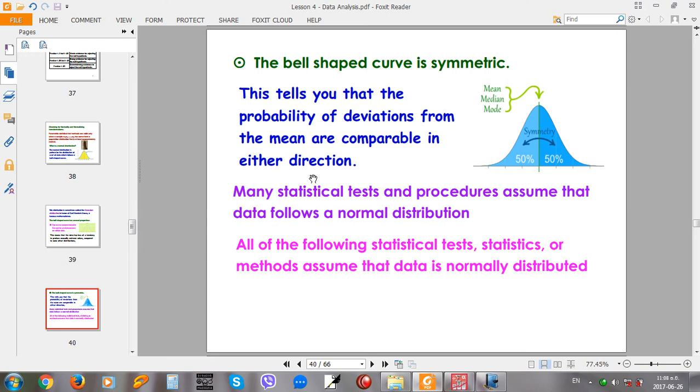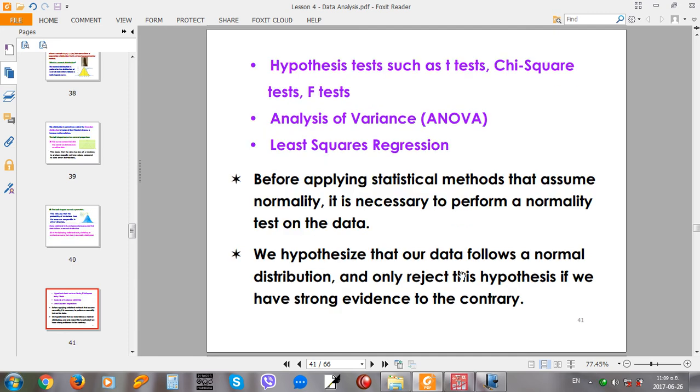Many statistical tests or procedures assume that data follows a normal distribution. All the following statistical tests and methods assume data is normally distributed, right? So the normal assumption needs to hold when we are doing the statistical test.